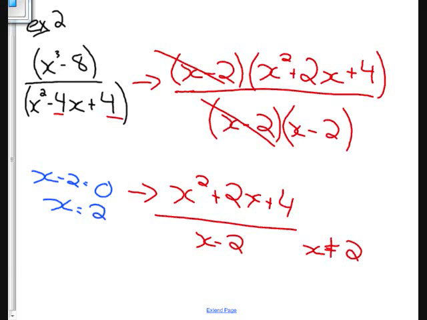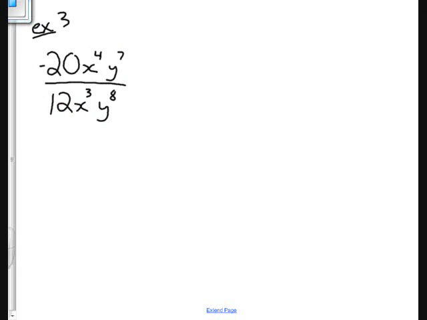Good. All right, our third example. Negative 20x to the 4, y to the 7, all over 12x to the 3, y to the 8. All right, we reduce to 5x over 3y?